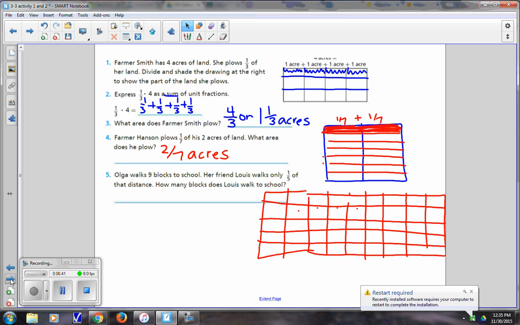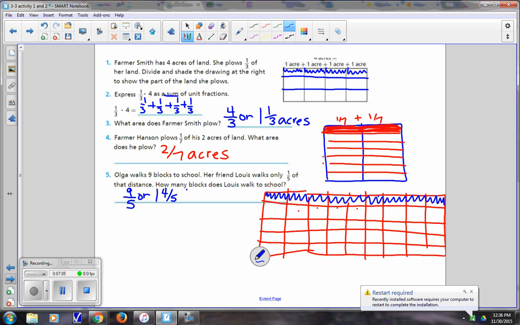So my friend Luis only walked this far. So 1/5, 1, 2, 3, 4, 5, 6, 7, 8, 9/5, or 1 4/5 blocks.